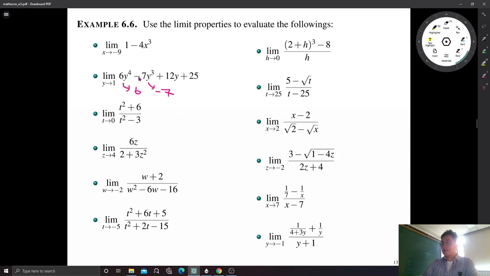For 12y, the constant can be factored out, and y is approaching 1, so 12y approaches 12. 25 is a constant, independent of y, so it stays fixed. If we add this up, then we have 37 minus 7, that is 36.